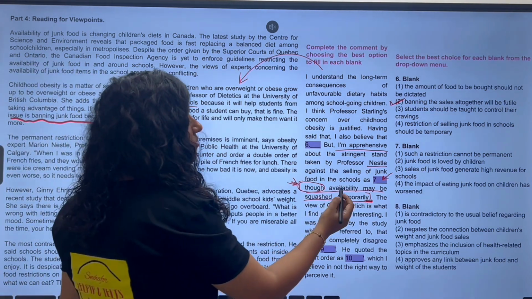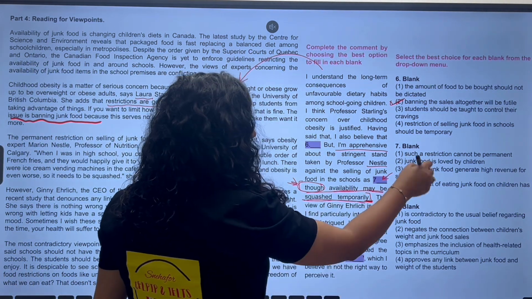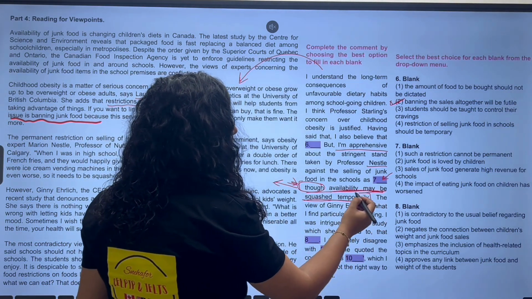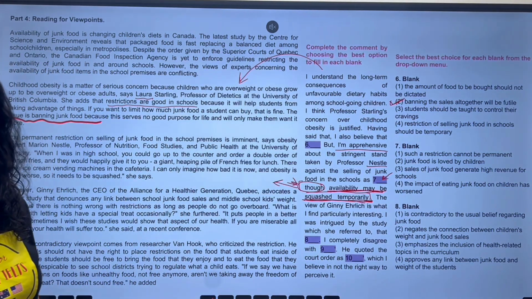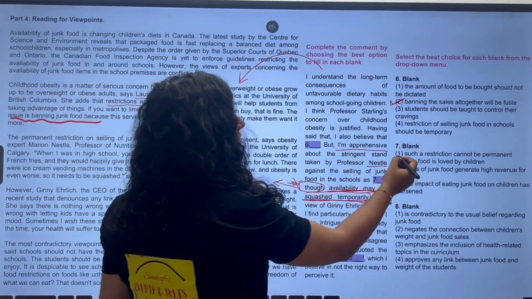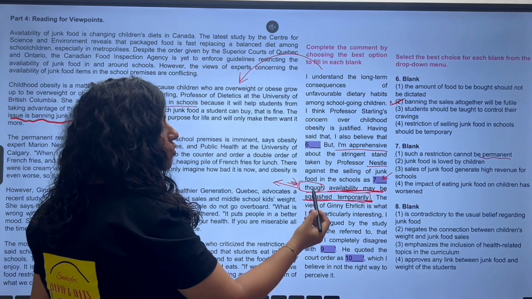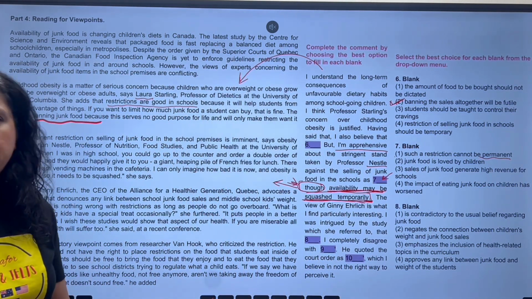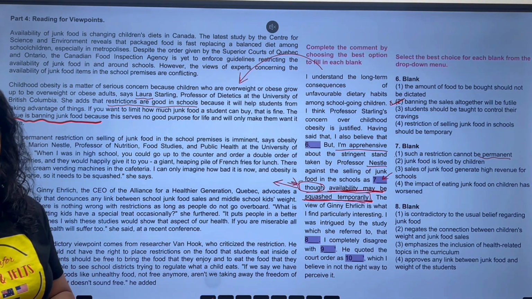So if on the one side of though it says availability may be squashed temporarily, out of these options, which is that idea which is opposite to this one, that availability may be squashed temporarily? That would be A, that such a restriction cannot be permanent, though availability may be squashed temporarily, that we cannot put permanent restriction, although we can take away availability for some time.